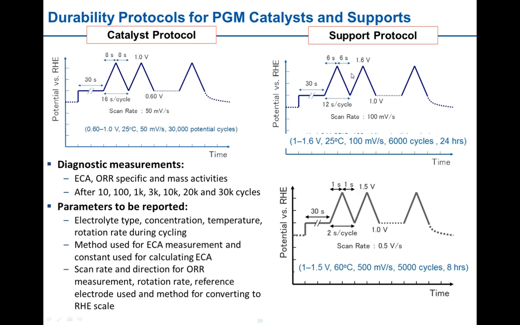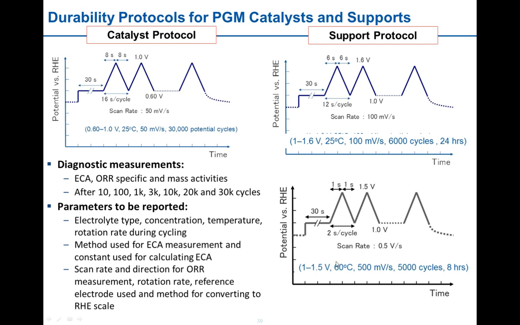So the potential protocol in the upper right is for room temperature measurements, and this is a 1 to 1.6 volt triangle wave at 100 millivolts per second. And this protocol, which is 6,000 cycles, takes 24 hours to complete. So if you only have the room temperature capability with your RDE, we would recommend this protocol.